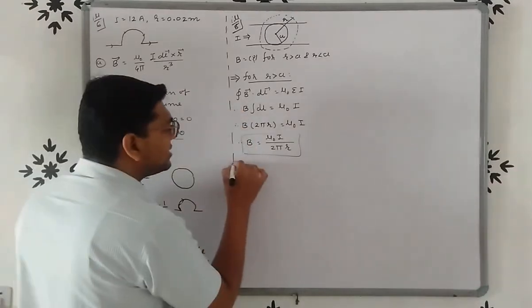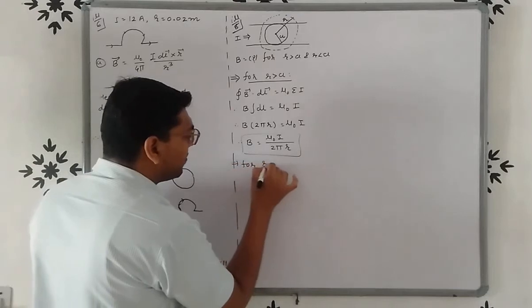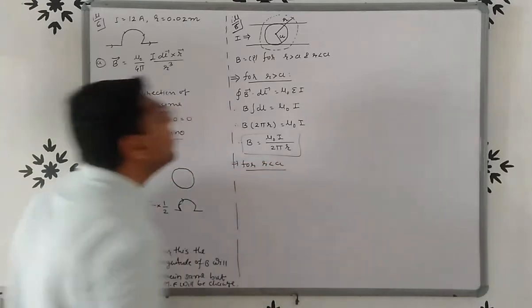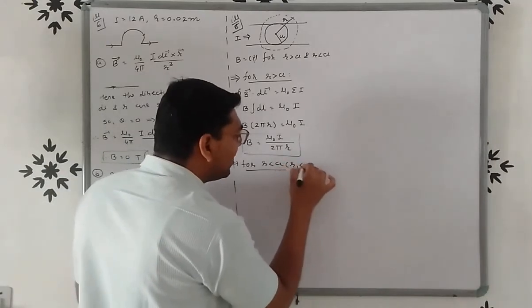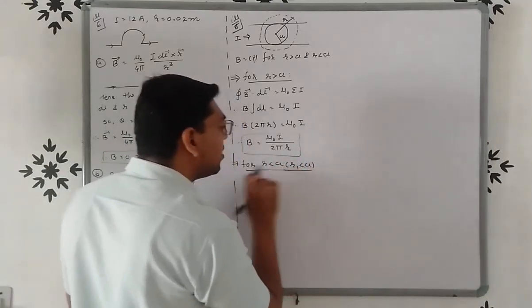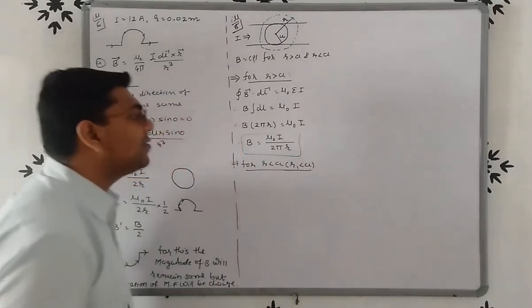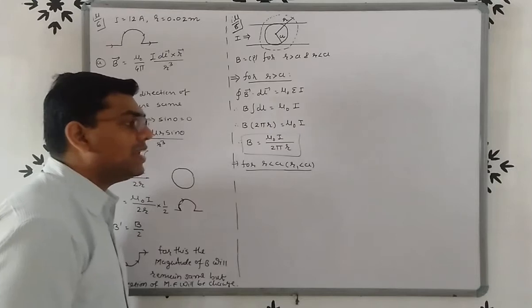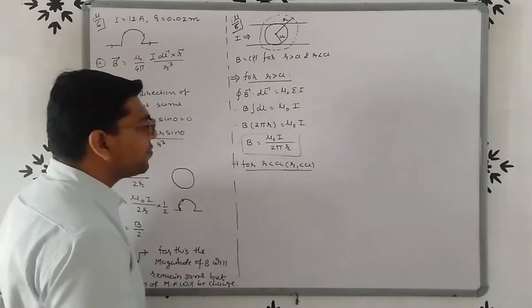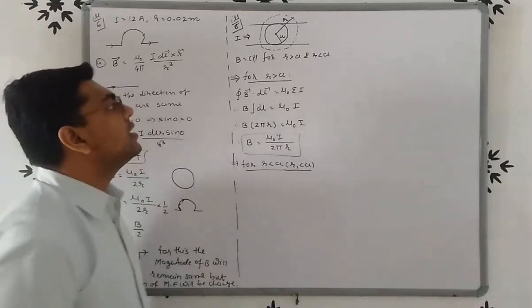Now for r less than A. Here we assume r1 less than A. Instead of r less than A, we consider r1 less than A. So we define a cross section having radius r1.